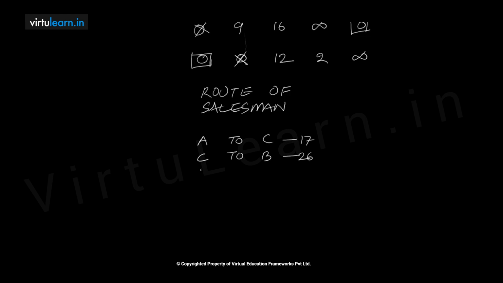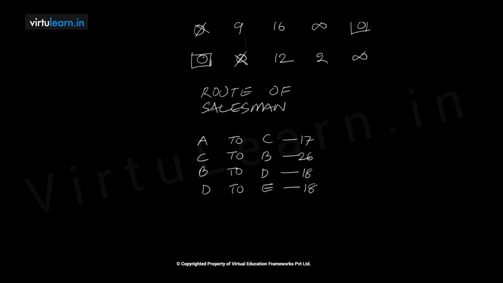And as the table itself shows, from B he will move to D. The distance is 18 miles. And from D the salesperson will be moving to E, which is also 18 miles.